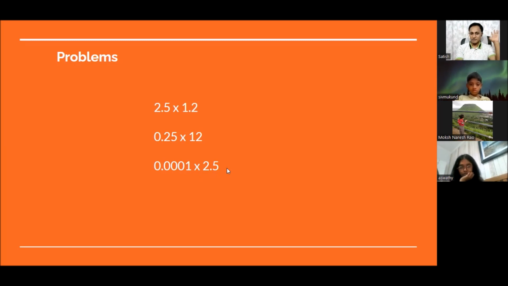That you mark. Is it 0.00025? So you got 25. So now count the decimals: 1, 2, 3, 4, 5. Right? So 0. then 3 zeros, then 25 as you said. Why is it? Because there are 5 points after the decimal. So isn't it the simple method?